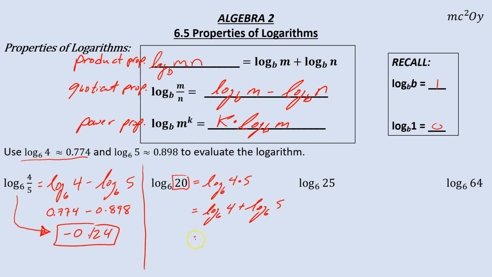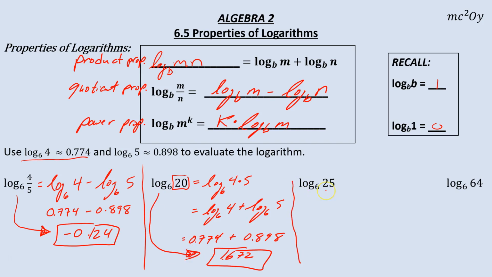And log base 6 of 4 we know is 0.774, and log base 6 of 5 is 0.898. Combine those, we end up with 1.672. That is what log base 6 of 20 is.